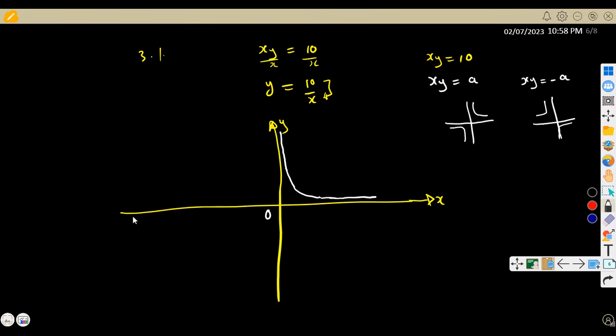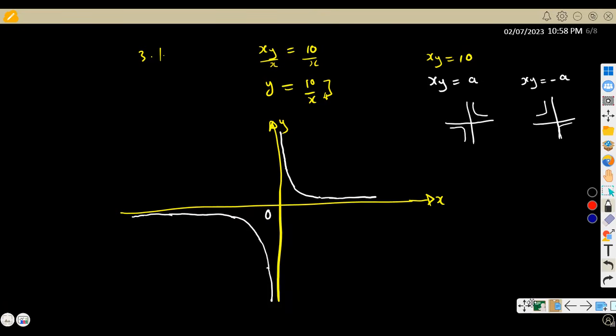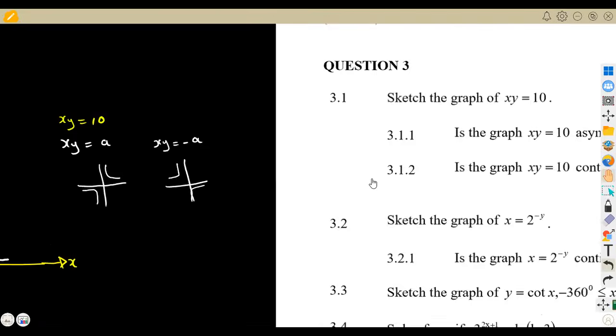The same thing on the negative: it will be tending to approach x and tending to approach y like that. So we have the x-axis as the asymptote and the y-axis also as the asymptote. That's what you have in this case. All right, so that was question 3.1 where we are given to just sketch.